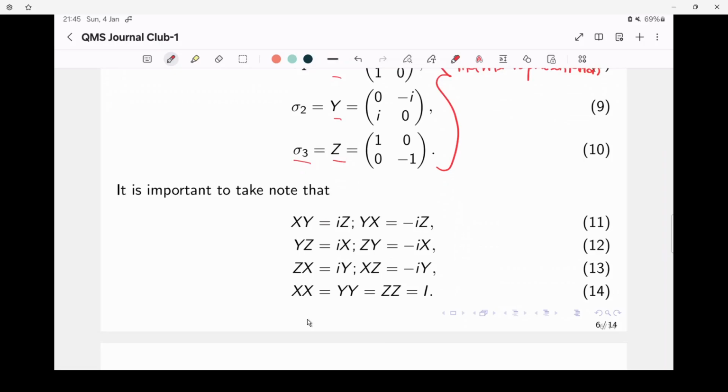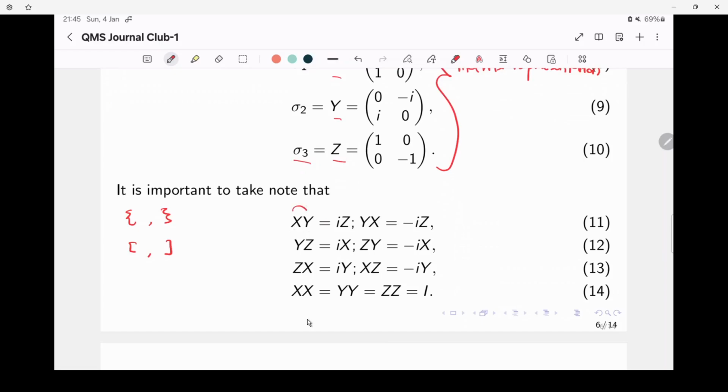Of course, if you read the textbook or the literature, you will see the anti-commutator and the commutator of the Pauli matrices. Those are not important at this moment. When it is important, I will introduce that properly. But for now, what we need to understand is how they multiply together.